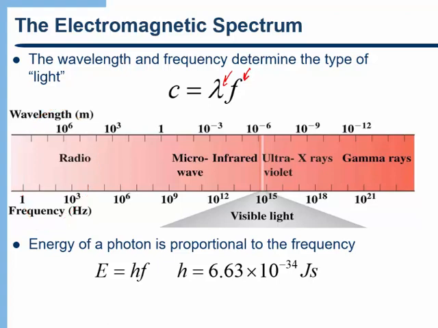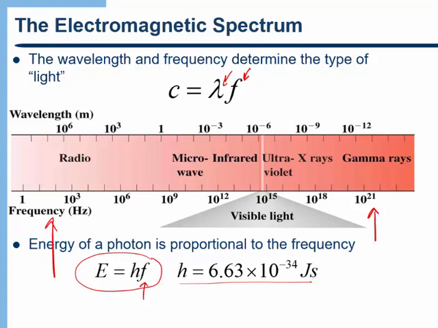Remember also that electromagnetic waves interact in terms of bundles of energy called photons, and that the energy of an individual photon is related to Planck's constant and the frequency. So you'll notice that a gamma ray photon has a lot more energy than a radio wave photon.